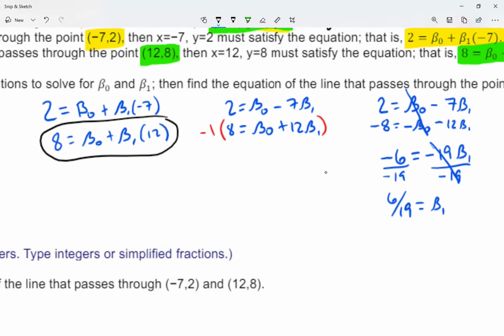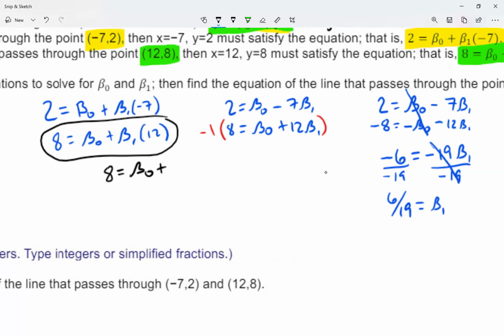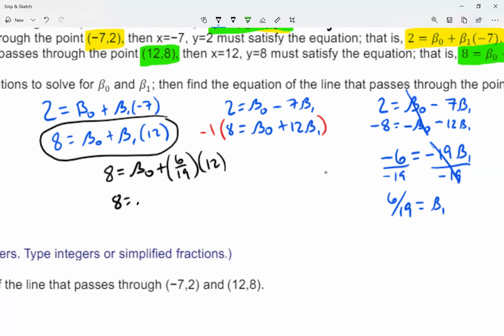And I'm going to rewrite that as 8 is equal to beta 0, because I don't know what beta 0 is, plus 6 over 19 times 12. I know beta 1, right? So I have that 8 is equal to beta 0 plus, remember how to multiply fractions?